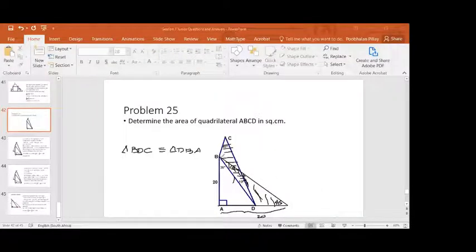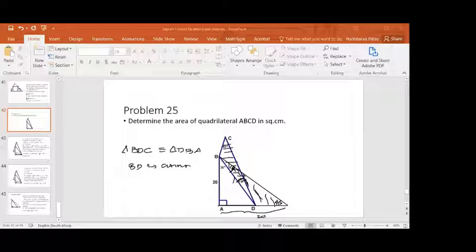Why? This side is common, DB. And this angle here we saw was 10 degrees, and is equal to one of the angles here, that's also 10 degrees.